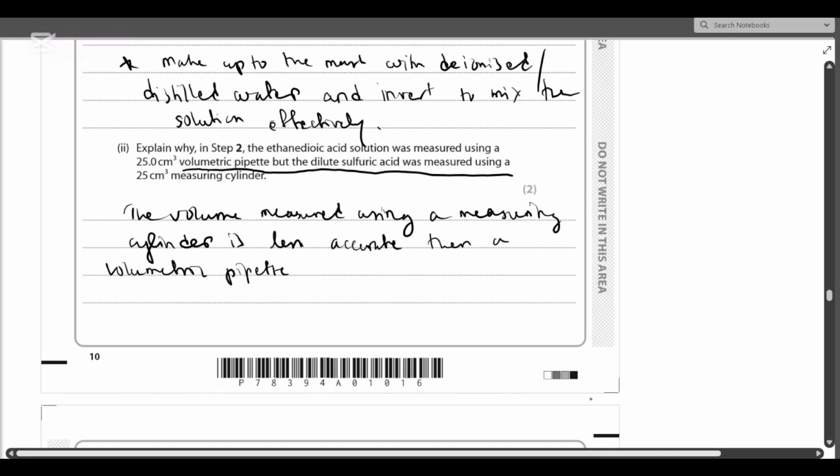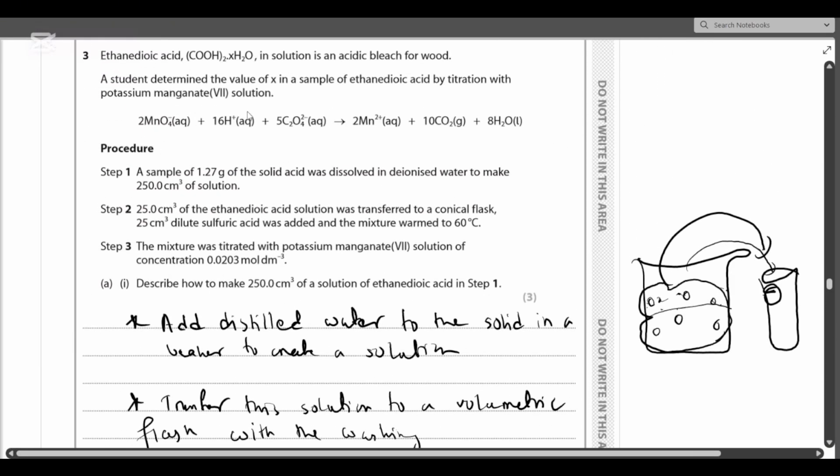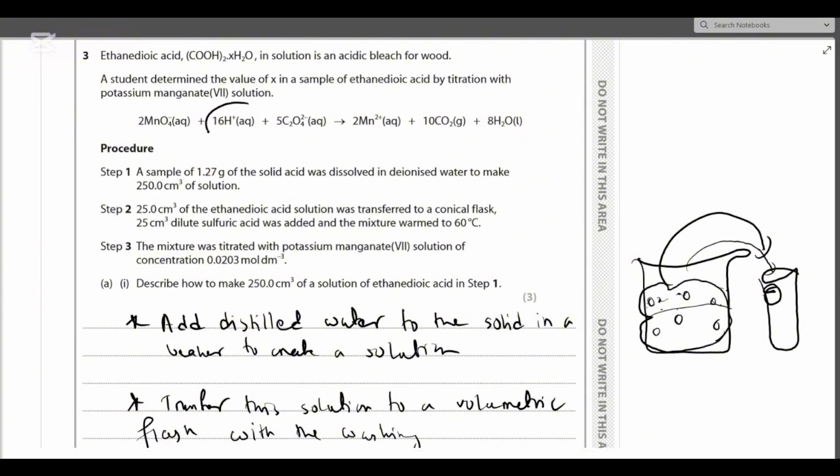On the other hand, the reason the volumetric pipette was used for measuring the ethanedioic acid is that you can clearly see the H+ ions which come from the sulfuric acid are in excess, and the limiting factor, due to the stoichiometric equation which is 5:16, is the ethanedioic acid.